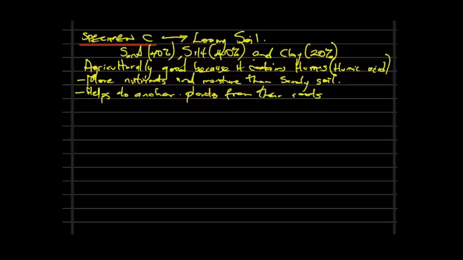Then it is better drained than the clay and silt, because the clay soil does not permit water to drain out of it, unlike the loamy soil, which is better drained than the clay and silt.